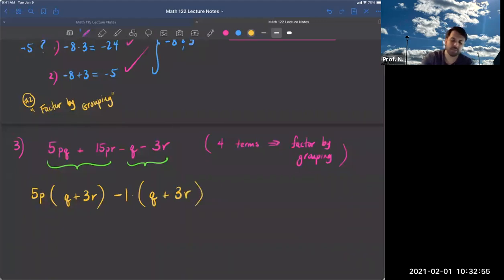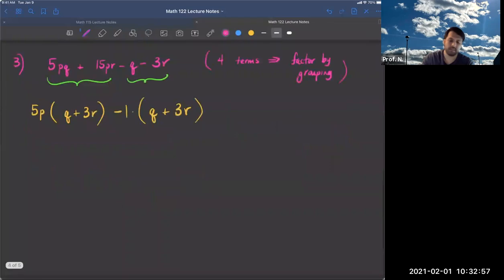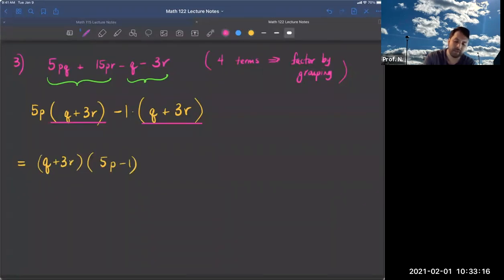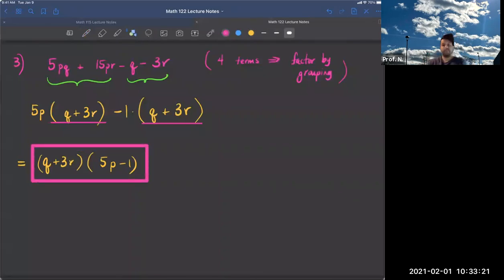And you see how this works now? Because I did this, look what happens. I got the q plus 3r and the q plus 3r in both terms. Because that's the case, I can factor that out. And I'm left with q plus 3r, parentheses 5p minus 1. And I'm done.